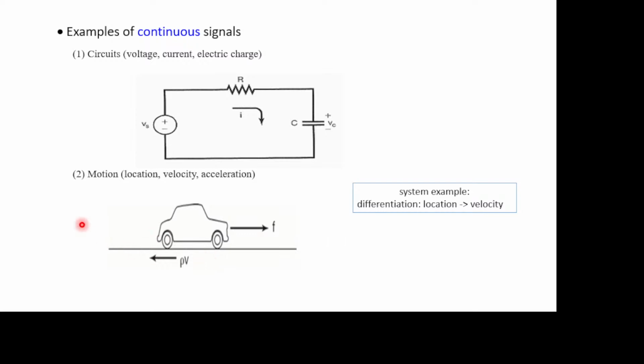Then your car will have location, velocity, acceleration. From middle school physics, you know that if you differentiate location, you get velocity, and then you differentiate the velocity, you get acceleration. Oh, if you do differentiation, probably not middle school, but anyway. So you see the location, velocity, acceleration, those are all signals, and there is some system to relate those three.